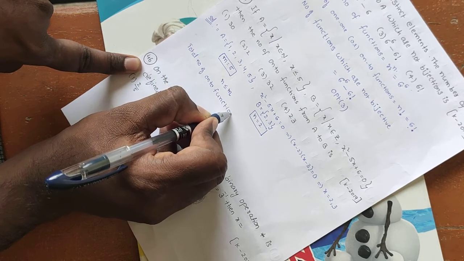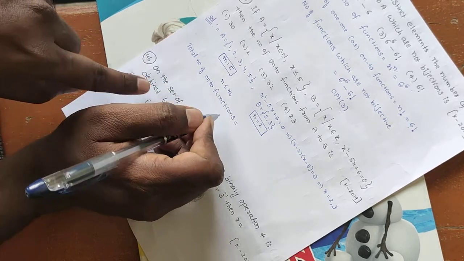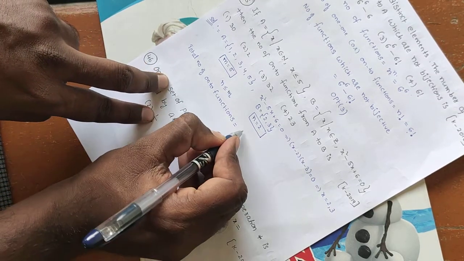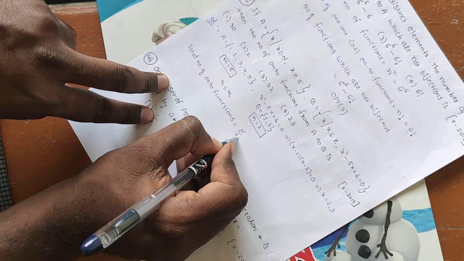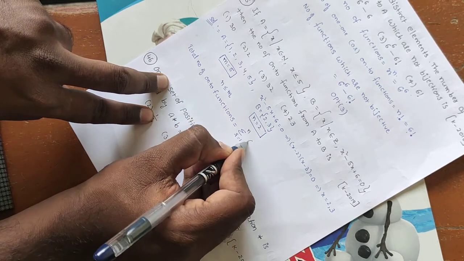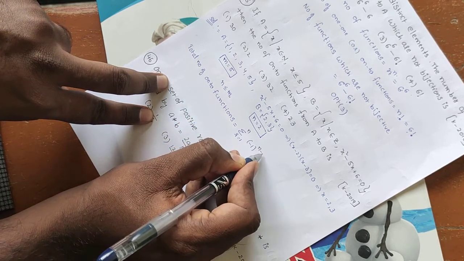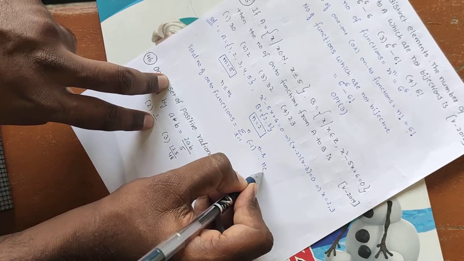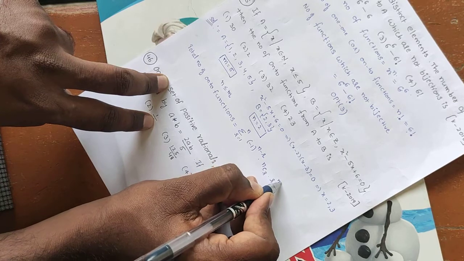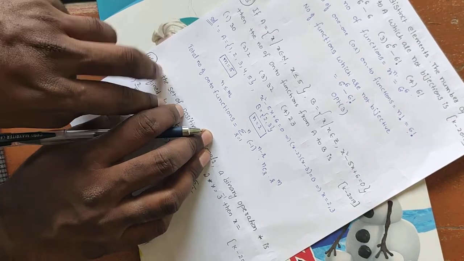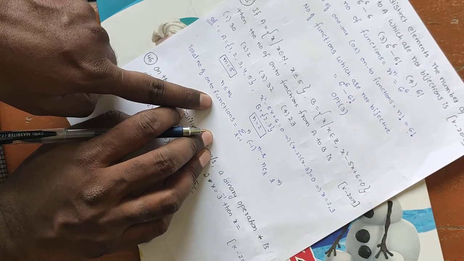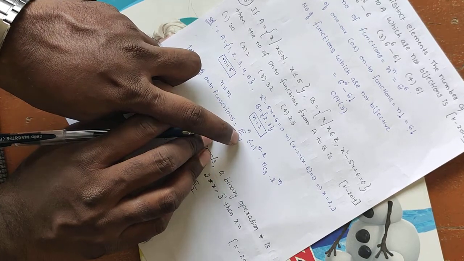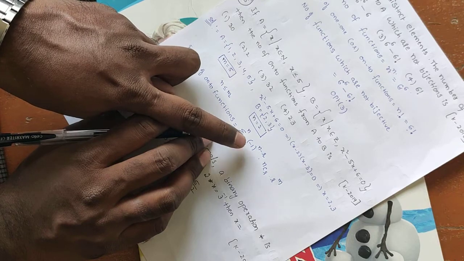Already in the previous session I explained the formula for the total number of onto functions. The formula is sigma r equals 1 to n, minus 1 power n minus r, nCr, into r power m. Here m value is 5, n value is 2, and r we take from 1 onwards.